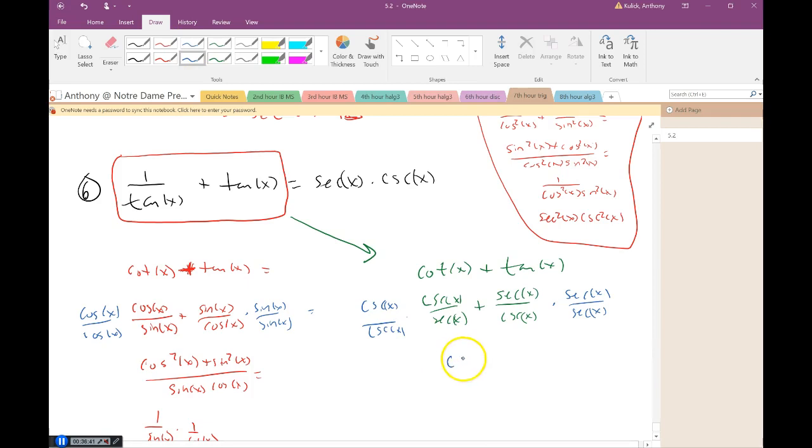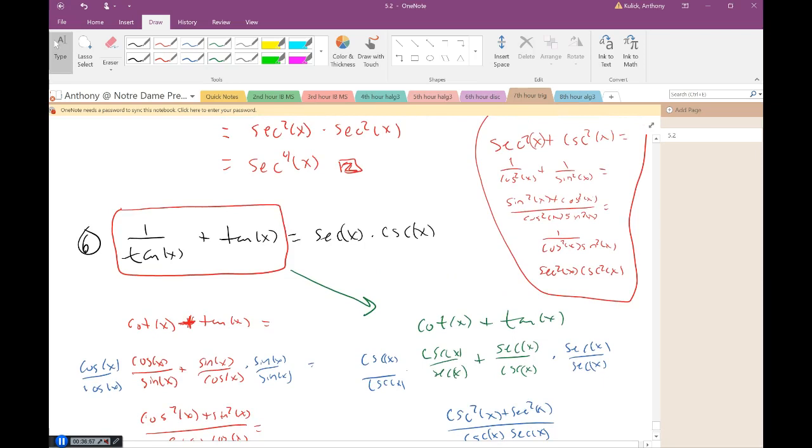And when I do that, I get cosecant squared plus secant squared over cosecant times secant. And now this gets kind of yucky from here. This was the question Gabby asked during class: is this just equal to 1? It's not, but what I did is I showed that it's equal to secant squared times cosecant squared using those steps up there.